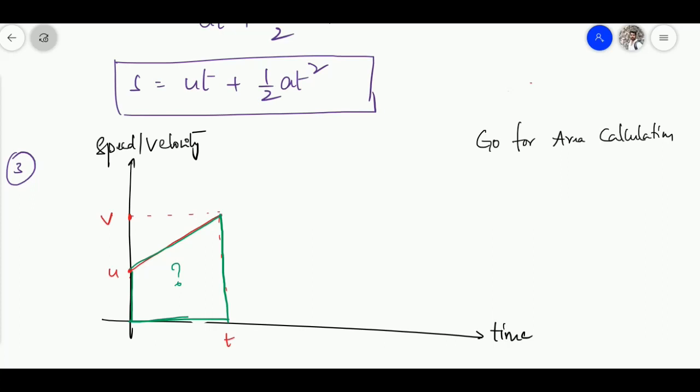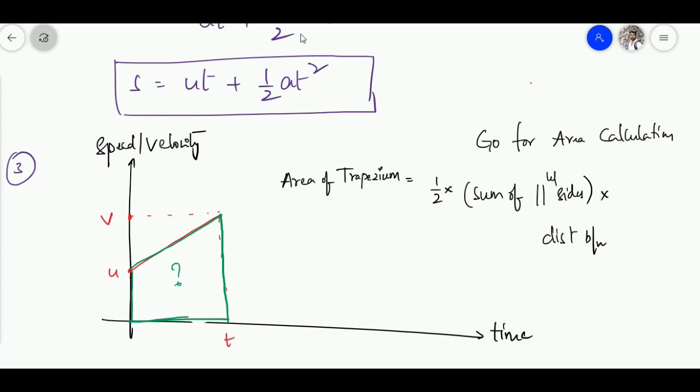And I know the area of trapezium is half into sum of parallel sides into distance between parallel sides. So this is the formula of the area of trapezium.